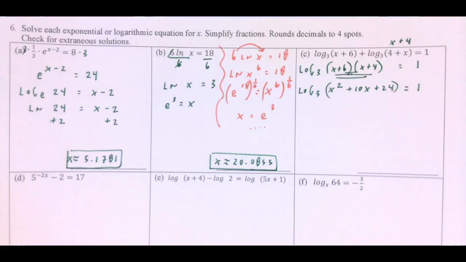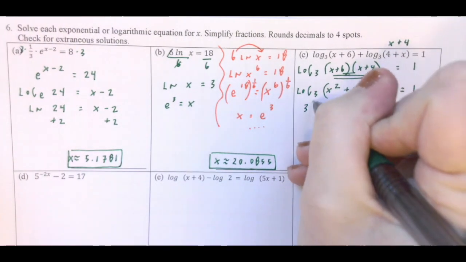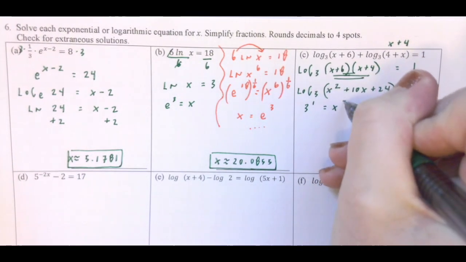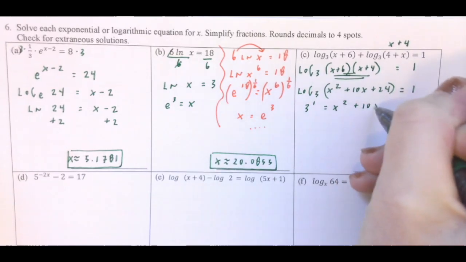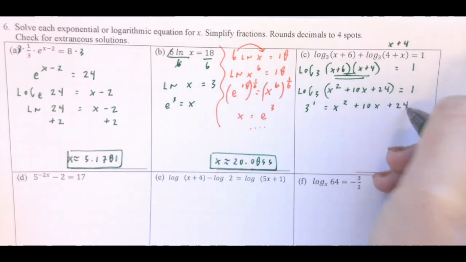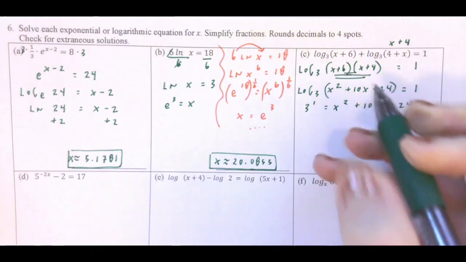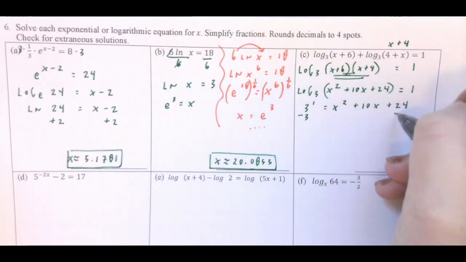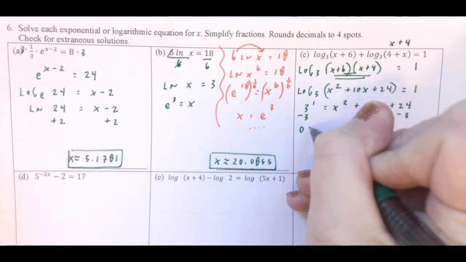So now I have a log on one side equal to 1. The only thing I can do now is switch to exponential form. So 3 to the 1st power equals x squared plus 10x plus 24. I know that this is 3, so I'll subtract the 3 so that I can try to factor it.